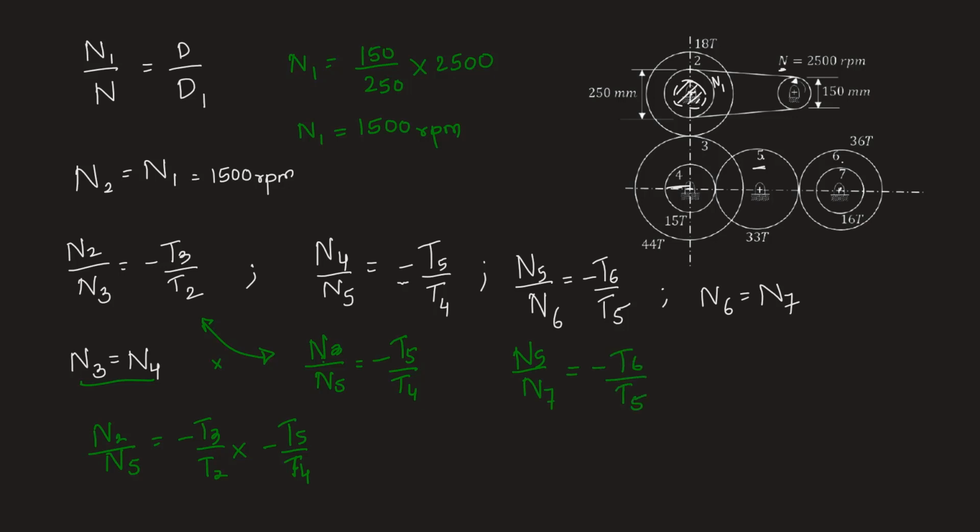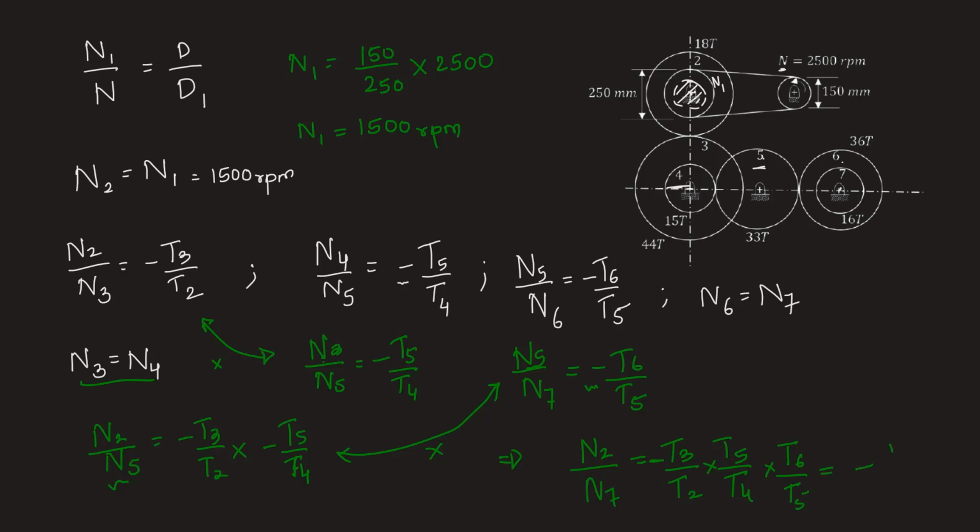Now multiplying this equation and this equation, because we can cancel out N5 from the numerator and denominator, we will be left with N2 upon N7 equal to minus minus is plus, so we have T3 upon T2 into T5 upon T4 into T6 upon T5, but there is a negative sign with this ratio, so we'll have a negative sign overall.